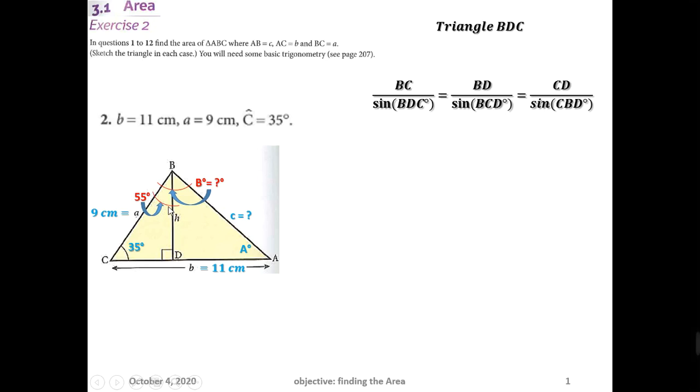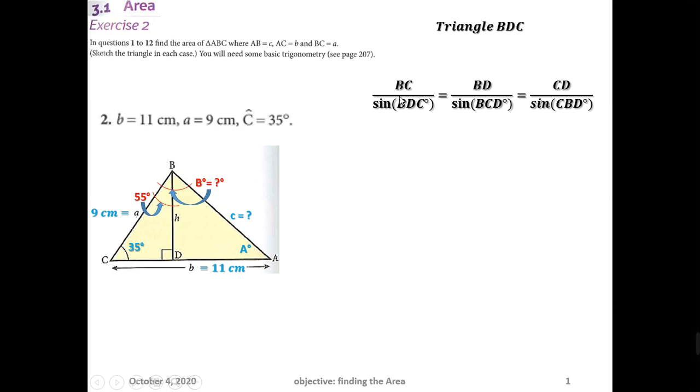And how do we name it? We name it CBD. So we say side CD over sine of CBD or sine of DBC.